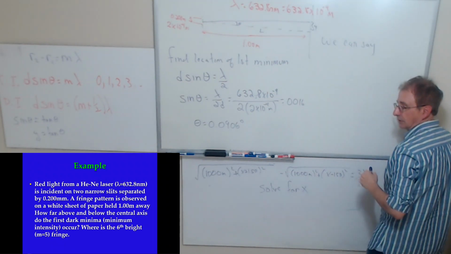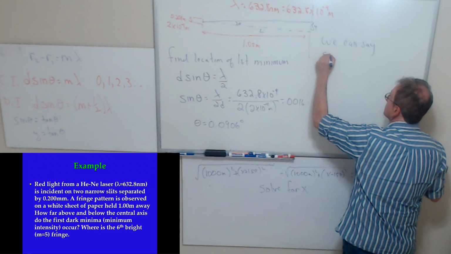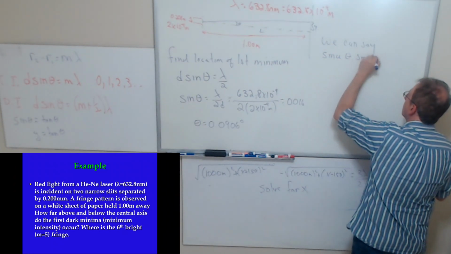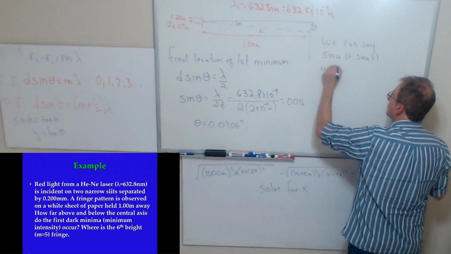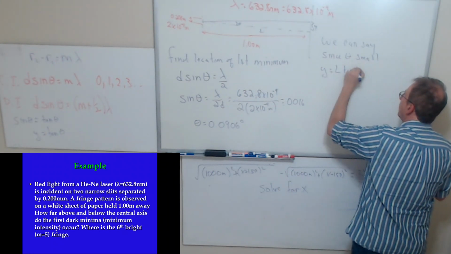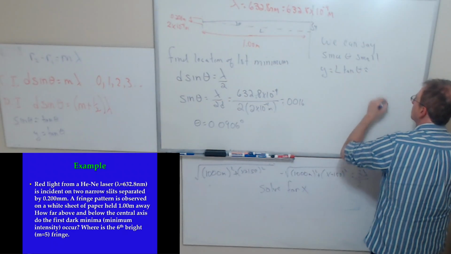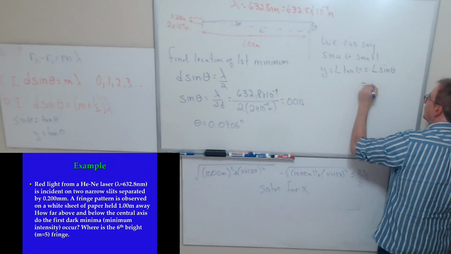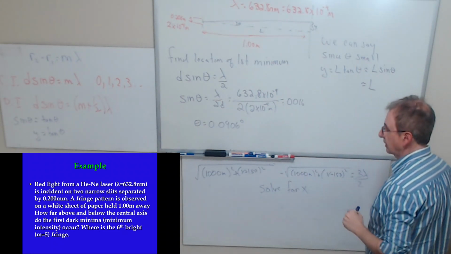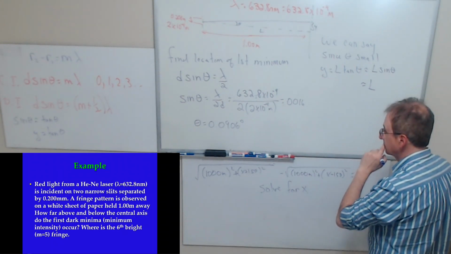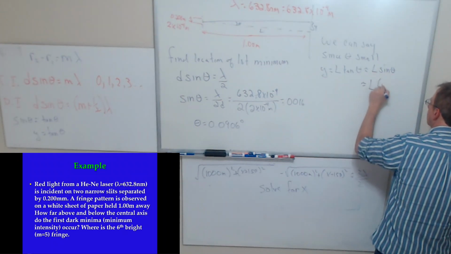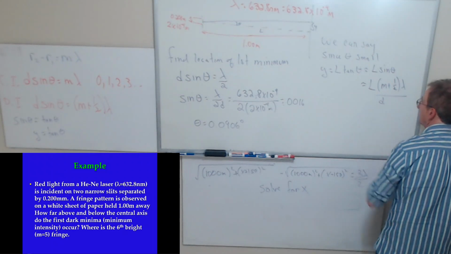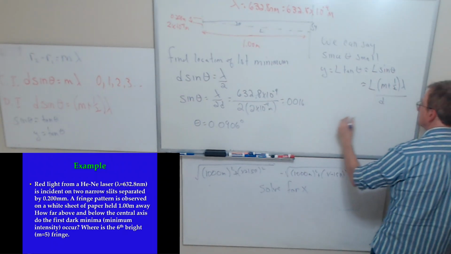Since theta is small, y equals L tangent of theta is approximately equal to L sine of theta, which is approximately equal to L times (m plus 1/2) lambda over d. And I'm going to put m equals 1.